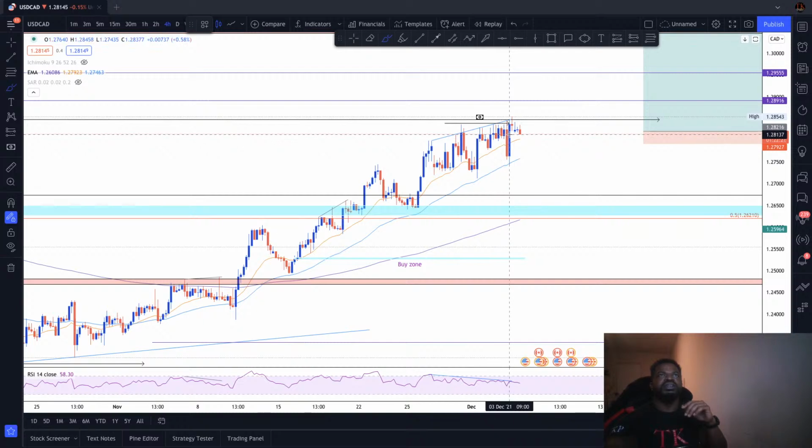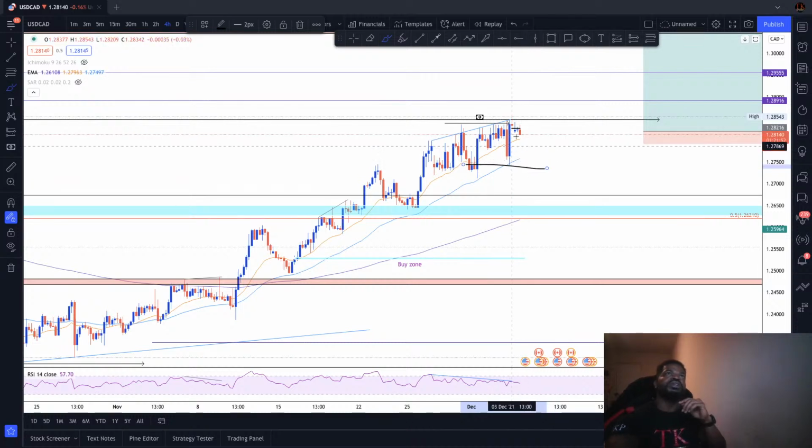Initially, I wanted to take a buy from here, but I saw on the 4-hour chart we had bearish divergence, which is pretty much the RSI going down while price is moving up. After noticing that bearish divergence, I decided to wait until price retested support in this area here. After that, we entered in the buy for USD CAD.